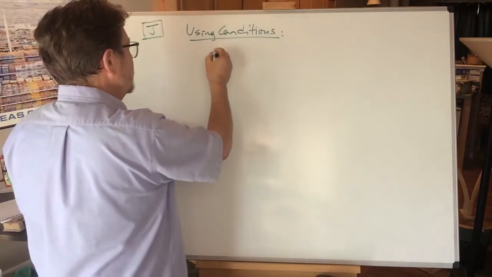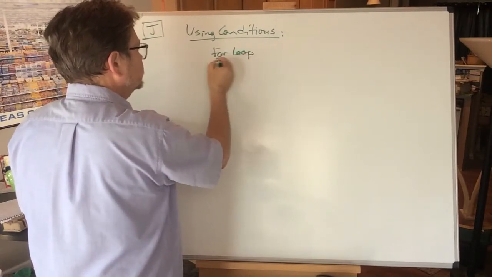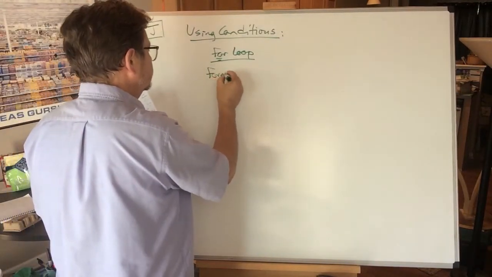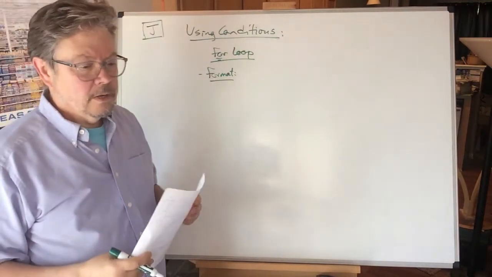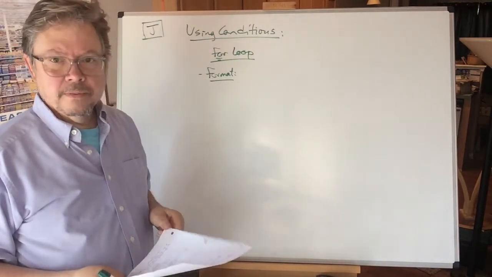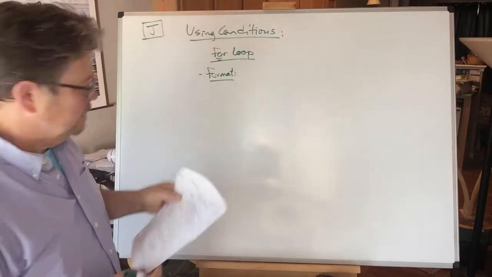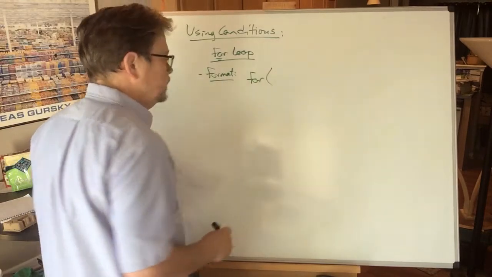A for loop, F-O-R loop. The format for a for loop. Okay, take a deep breath, think pleasant thoughts. The for loop looks really weird in C++. Let me prove it to you. The format is the word for, of course it is, no big deal.